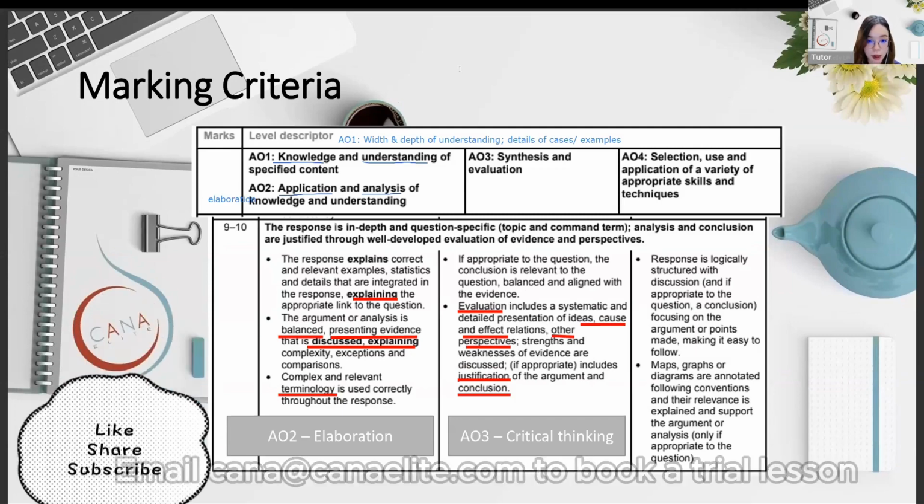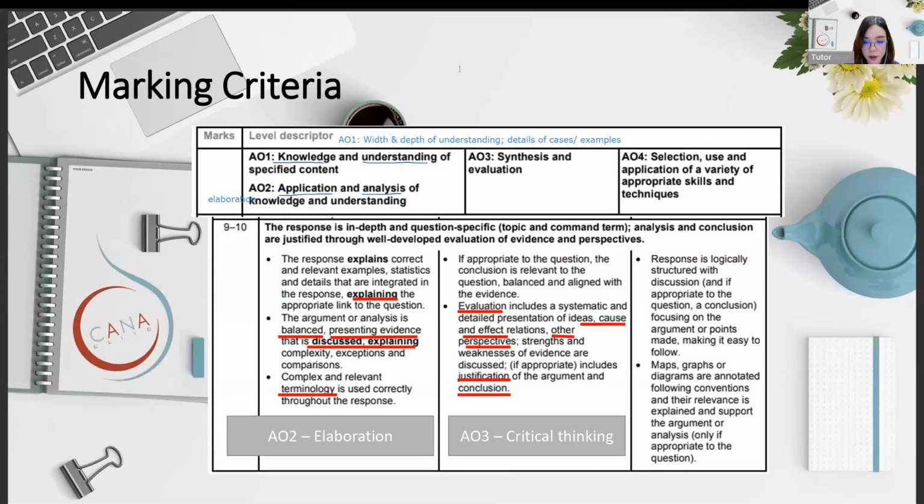So it's about elaboration and explanation, like how the points that you put forward in your essay are relevant and also sound. As I put here, AO2 is all about elaboration.